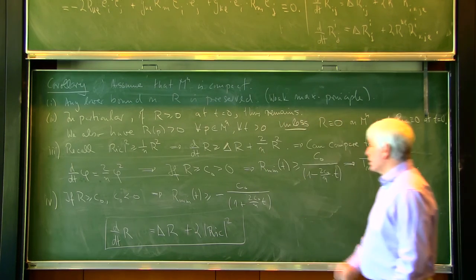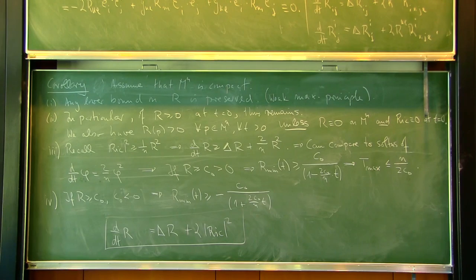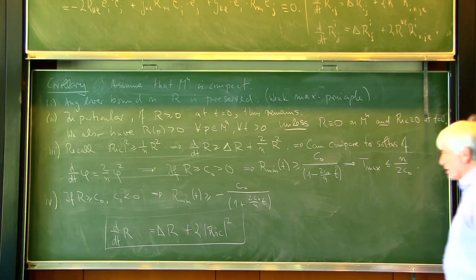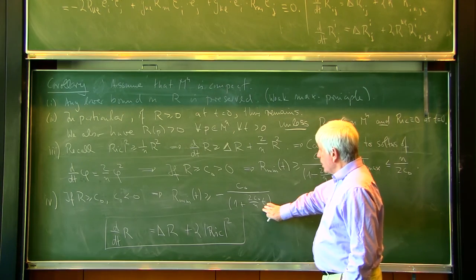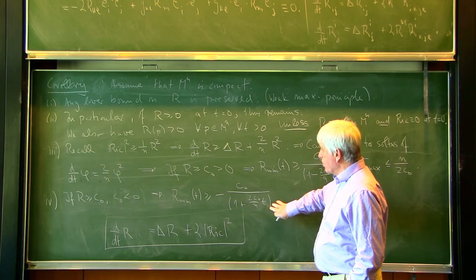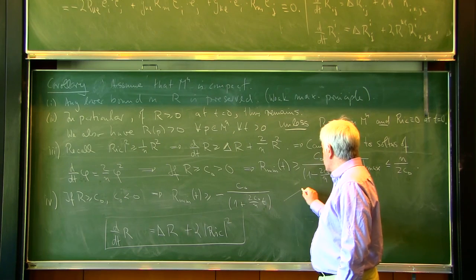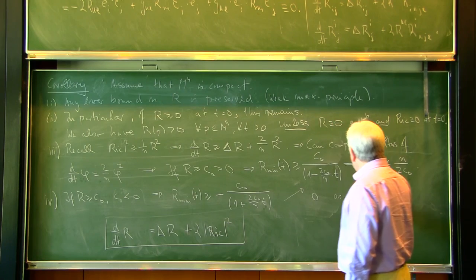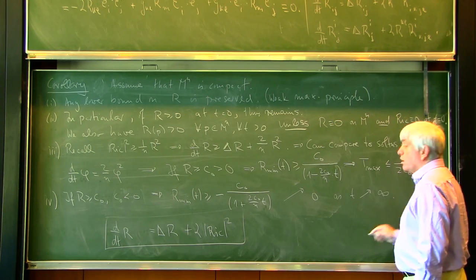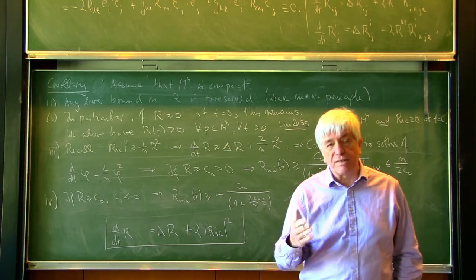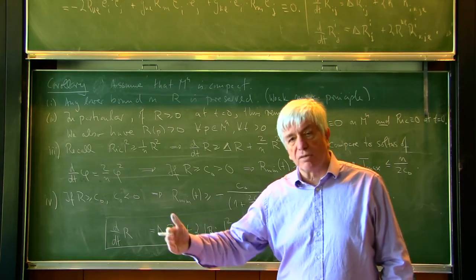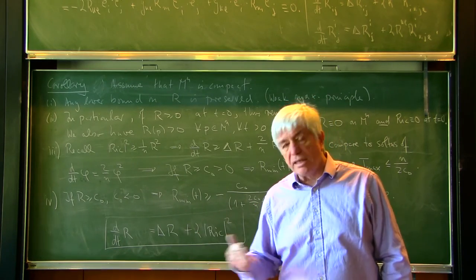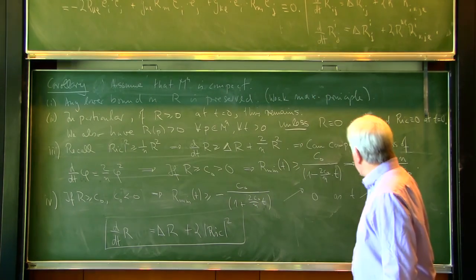So as t gets larger and larger, this will get a smaller and smaller negative number, so this approaches 0 as t tends to infinity. Of course, that is in case we have a solution which exists all the way to infinity, which need not be the case in general.